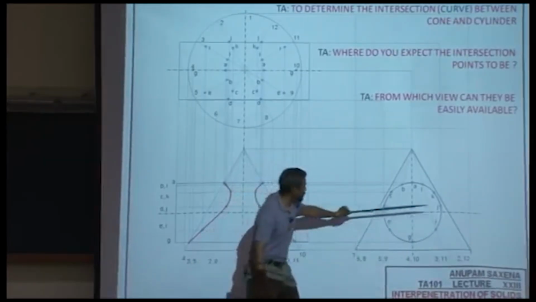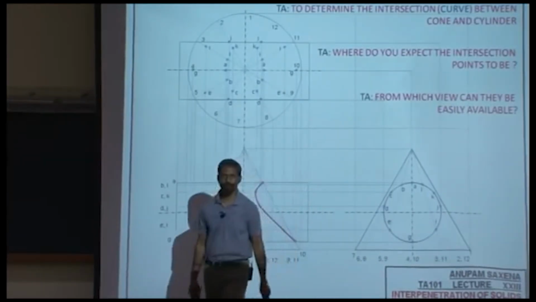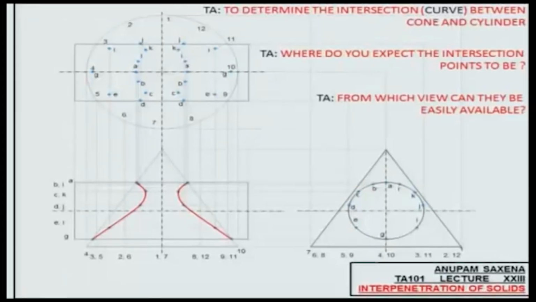All the points below this axis will be invisible, right? So this part will be visible, A, B, C, D, on both sides, and this part will be invisible or hidden.